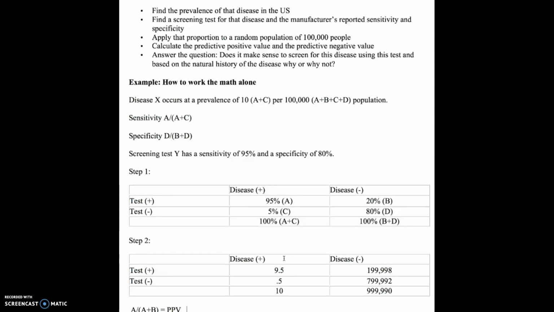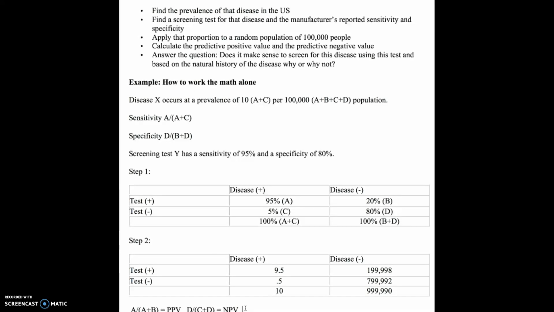Whereas the negative predictive value is D over C plus D. And this is the negative predictive value. Okay. So you input these numbers in this formula to generate your positive predictive and your negative predictive value.